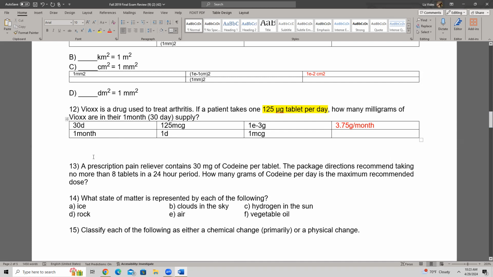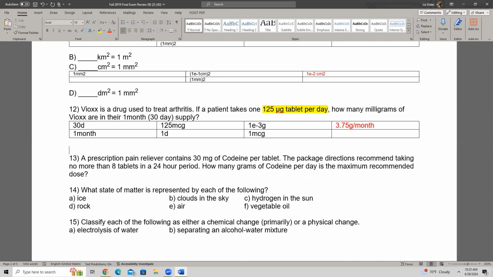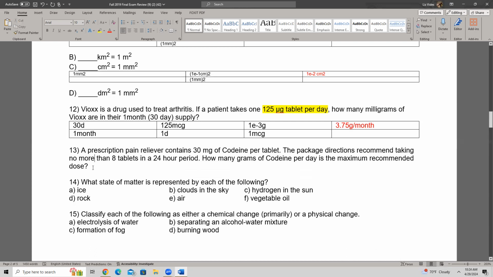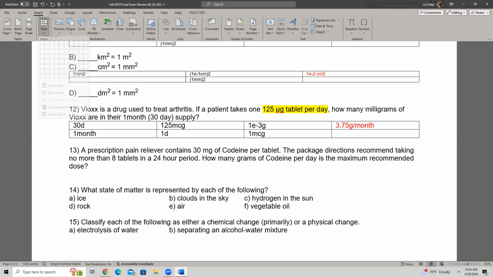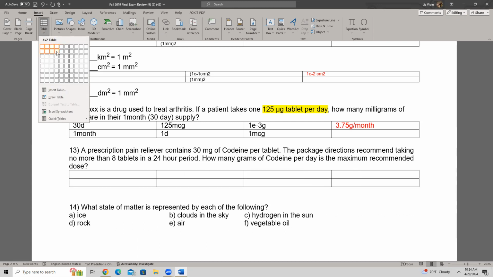All right, the next one that we have is a pain reliever. And this one, again, I'm going to insert a 4, because we never know how many you might need.